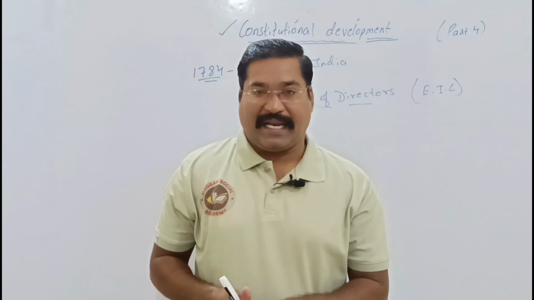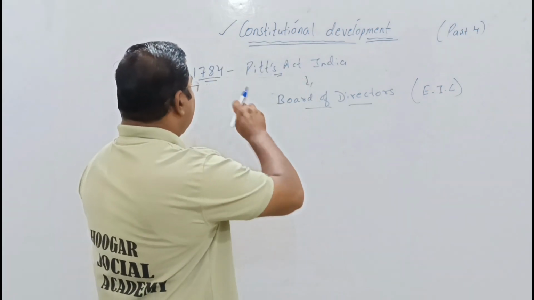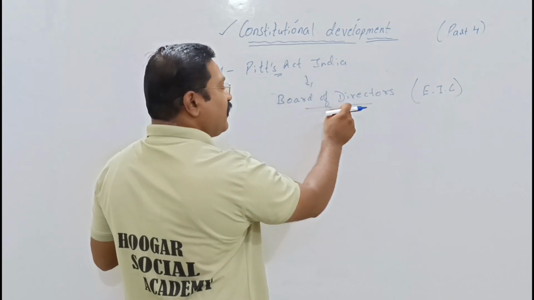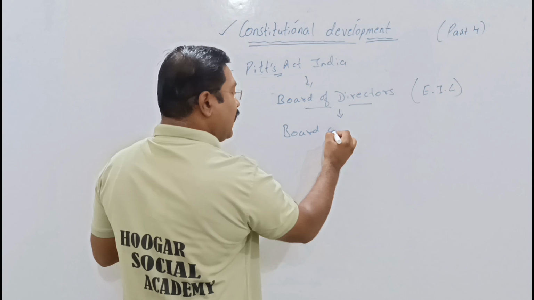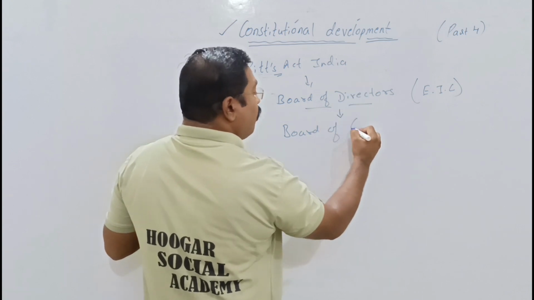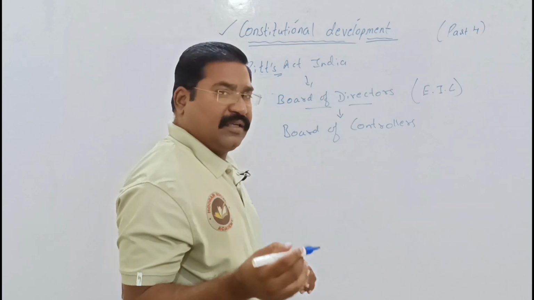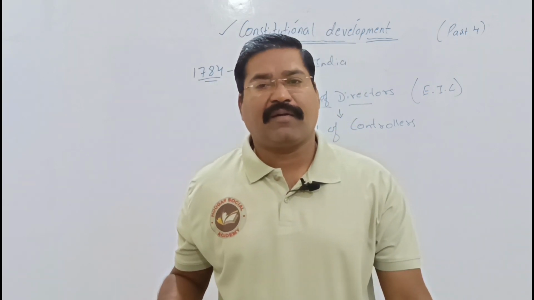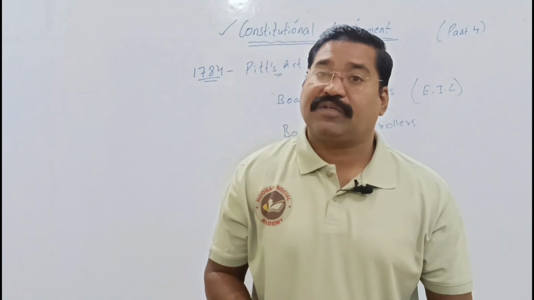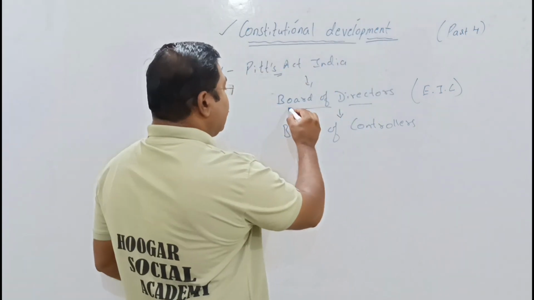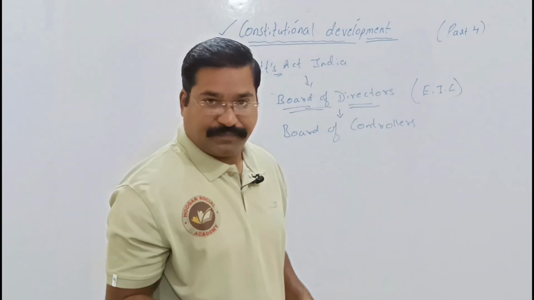Now, in the 1784 Pitt's India Act, the Board of Directors was replaced by the Board of Controllers. There is no big difference, as both the Board of Directors and the Board of Controllers belong to the British itself. But now the Board of Directors is replaced by the Board of Controllers.